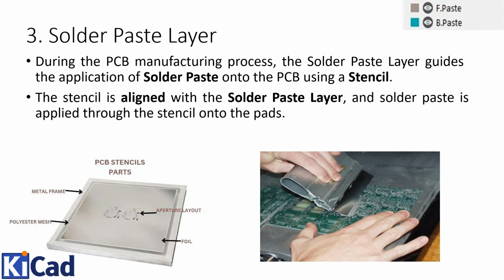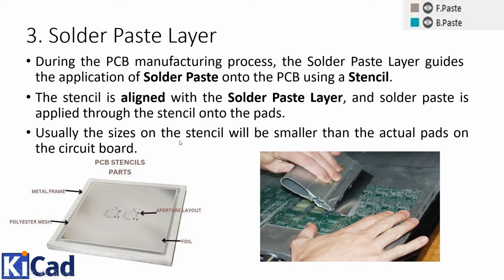So you will create a frame, or you can say a stencil, in which there is an aperture layout. Then you will place this stencil onto the PCB and then apply solder paste onto the PCB.